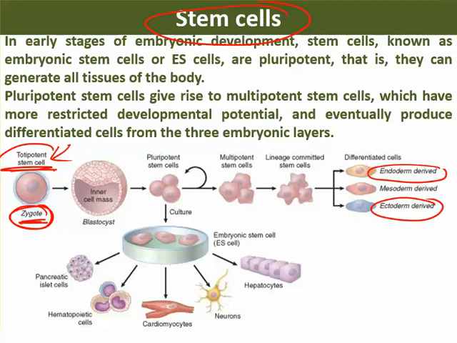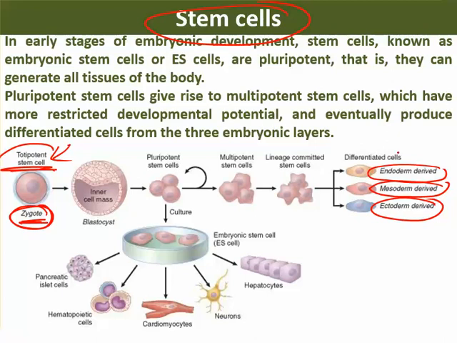All the muscle, bone, blood vessel come from mesoderm. Easy to remember: skin comes from ectoderm; muscle, bone, blood vessel come from mesoderm; nerves also come from ectoderm; and the inner organs all come from endoderm.